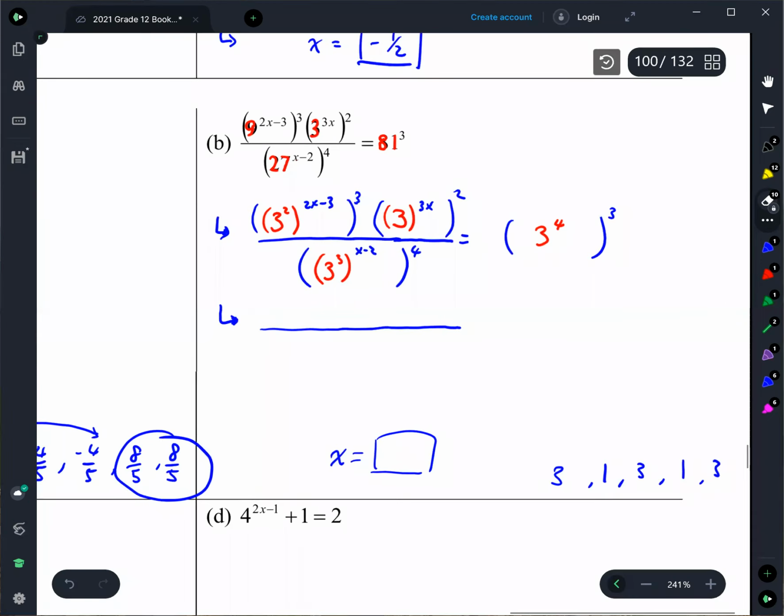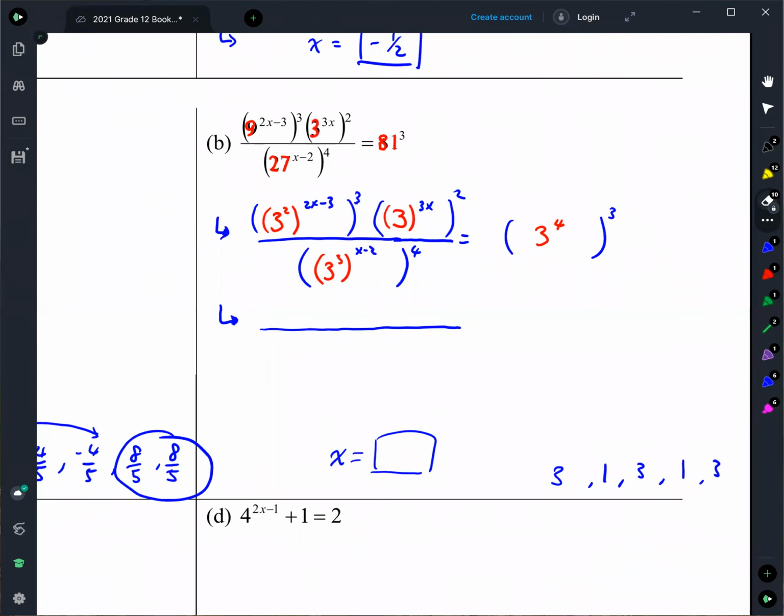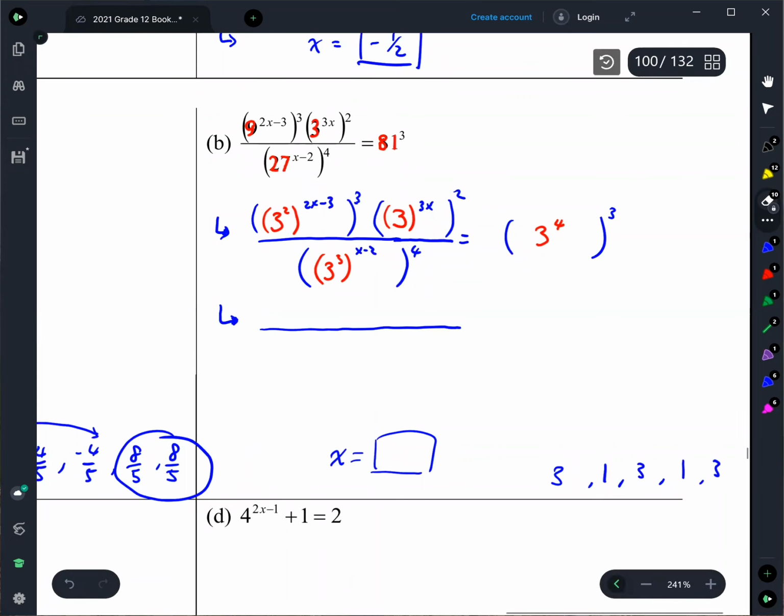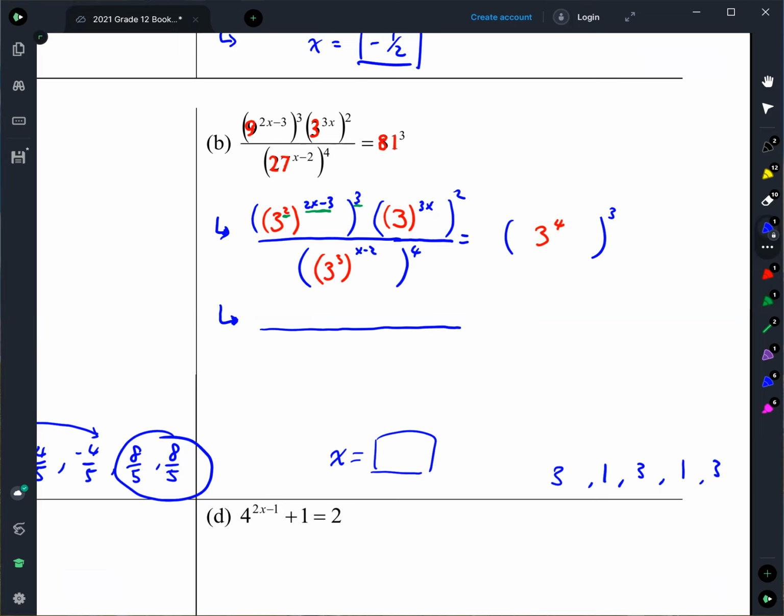You have a question like this on the homework. On the top left brackets, you have 3 exponents: the 2, the 2x minus 3, and the 3. All those exponents you need to multiply together. I would multiply the 2 and 3 first.